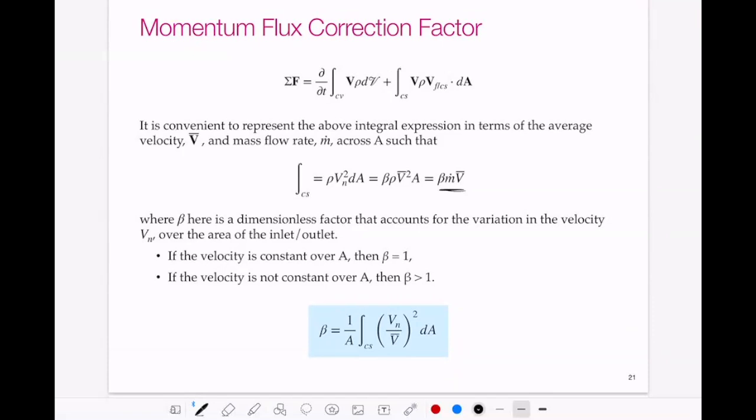But if we know this beta value and it's not equal to 1, then we can multiply by the momentum flux correction factor. And yes, it's annoying that it is the same variable that is used for our intensive properties, but that is convention, and I'll try to make a distinction when I'm talking about the momentum flux correction factor versus an intensive property. Typically, when we're dealing with the equations in this form, we're no longer talking about our intensive property because we've already substituted in depending on what law of motion we're looking at.